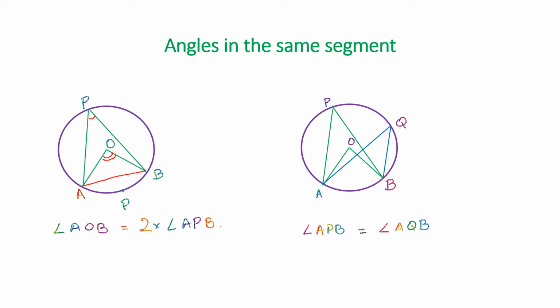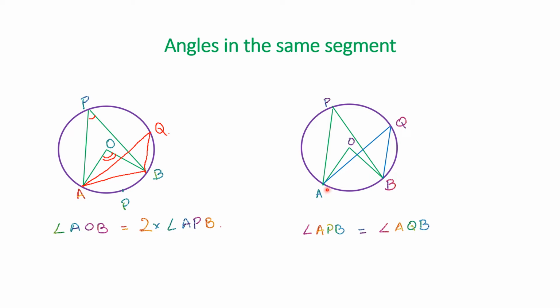But suppose that there was one more angle with the same endpoints A and B. So you have angle AOB, that is the angle subtended at the center. Then you have angle APB, which is the angle on the circumference. And suppose I have one more angle, that is angle AQB.